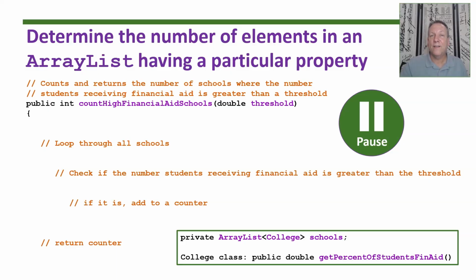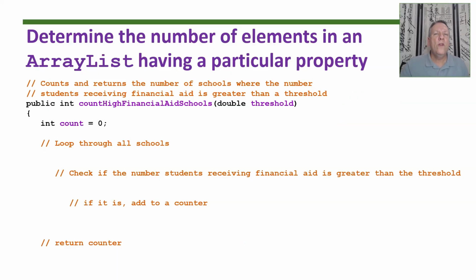All right, let's give it a shot. So first, we know we're going to need a counter because we're looking at the number of schools where the percentage of students who receive financial aid is above a particular threshold. So that's what our counter is for. We're going to loop through all of our schools. Here, I used a for each loop. So for each college, I'll call it c, within my schools.